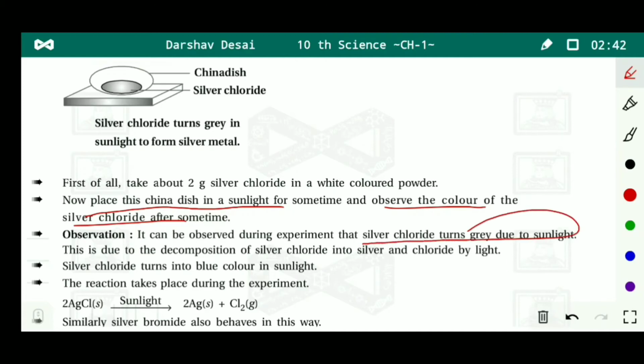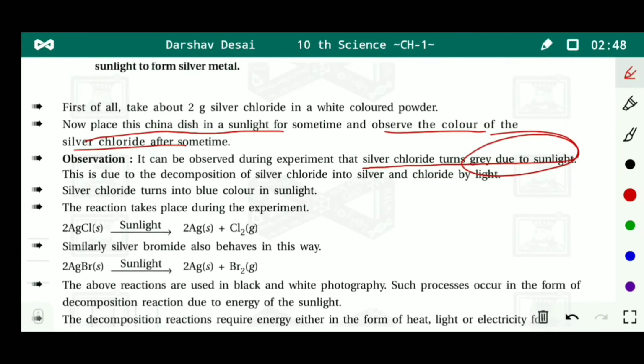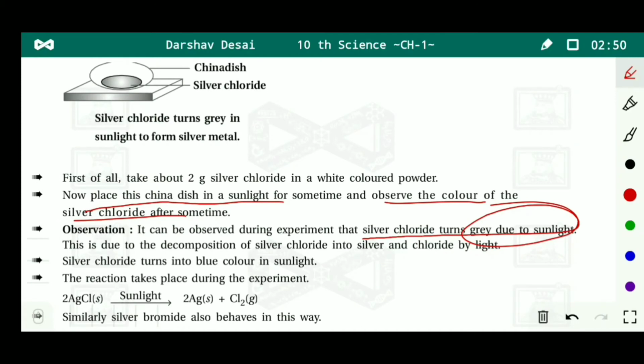This is a very important line. Here energy is applied in the form of sunlight, so silver chloride turns grey. Why does this happen?